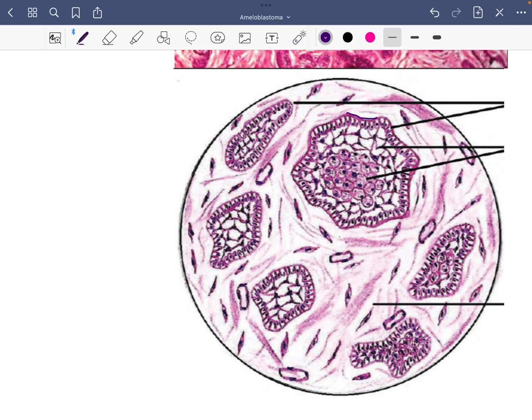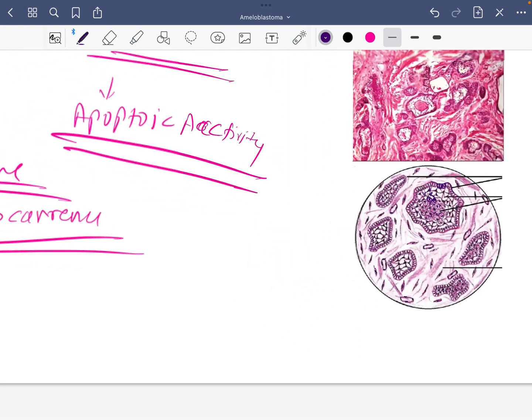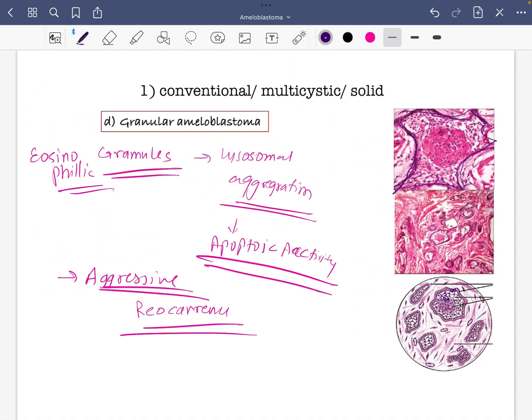You just draw the basement membrane, columnar cells, reversal of polarity, stellate reticulum cells, right? In between, you will draw some cells with granular formation. That's your granular cell ameloblastoma. Very easy. Follicular ameloblastoma with granules. If follicular ameloblastoma with keratin pearls becomes acanthomatous, follicular ameloblastoma with granule cells becomes granular cell ameloblastoma. So it's very informative, very important histopathological exam.